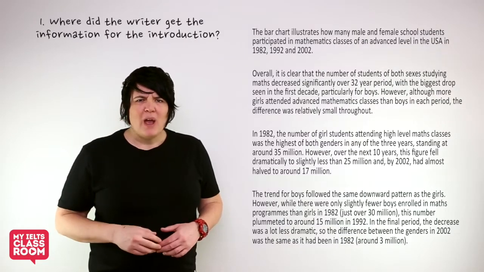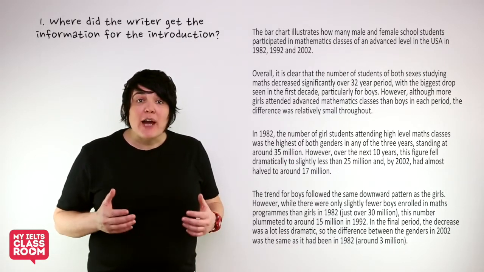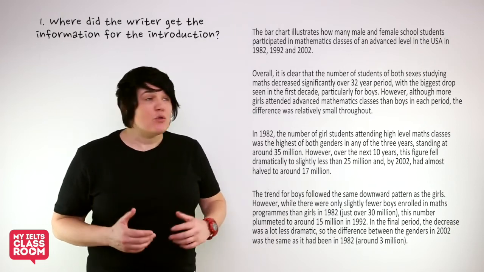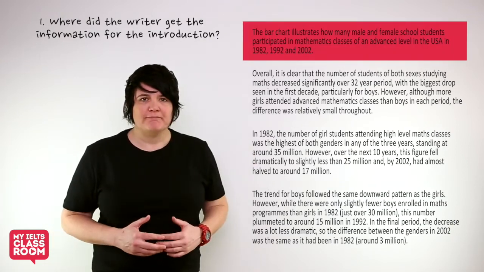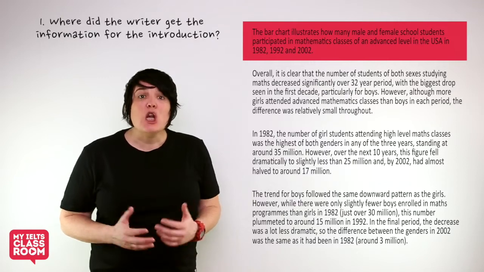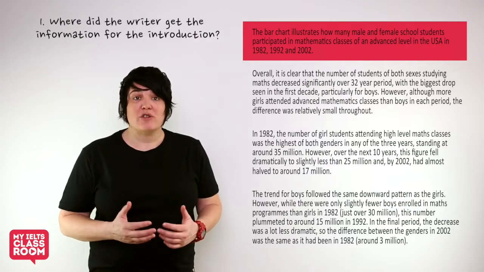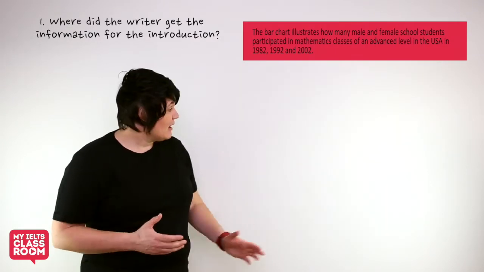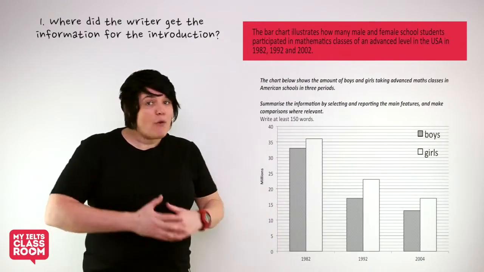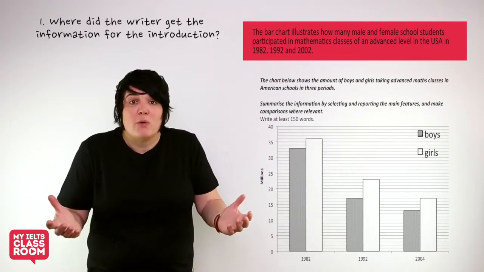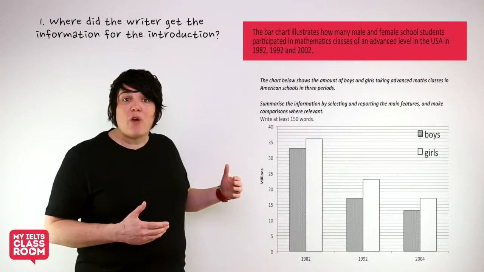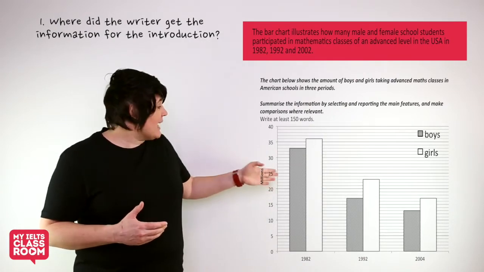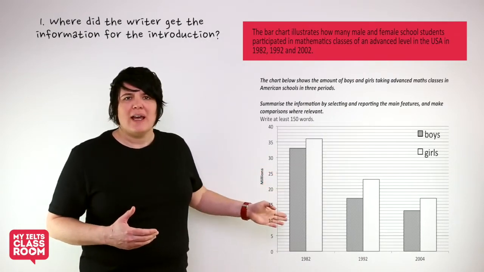Question number 1. Where did the writer find the information to write the introduction? I think the logical answer to this question is to say the chart. Of course, that's what we must do in our Task 1. We have to write a report based on the information in the chart.